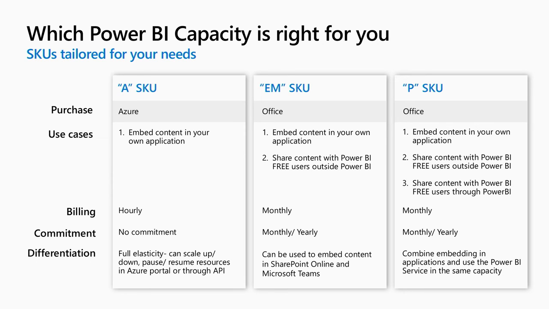Another difference is that when you purchase EM or P SKUs, you get more than just capabilities for embedding. For example, with P SKUs, you also get Power BI licenses and things like that. But the rule of thumb here is if you only need it for embedding, then A SKUs are your best option. But if you already have an EM or P SKU, which is a possibility, then you can use the one you already have.